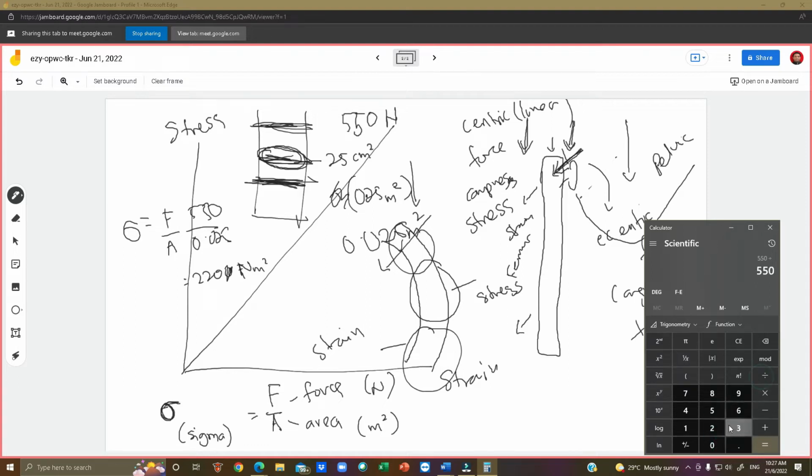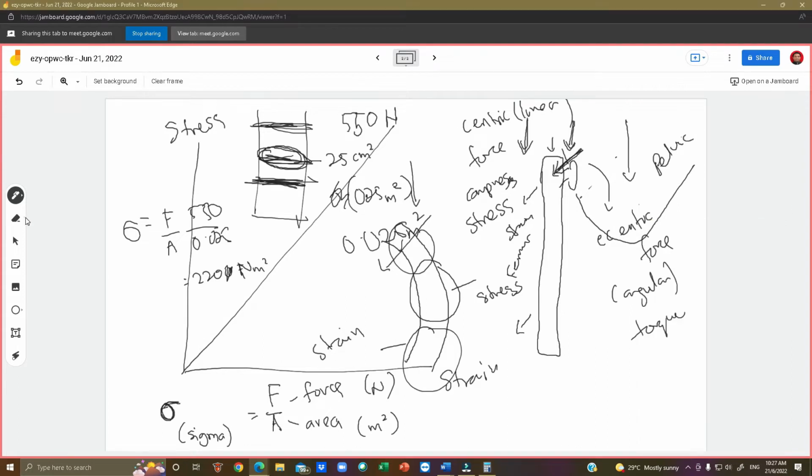550, 0.025. 550 over... Sekejap. Dia dah betul disalahkan. Ni.